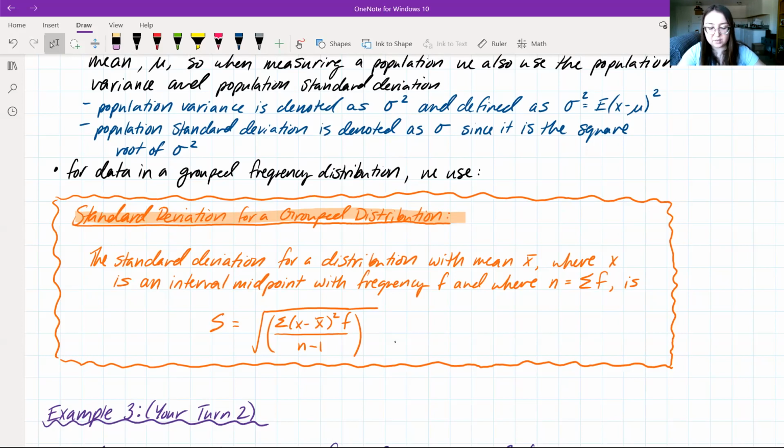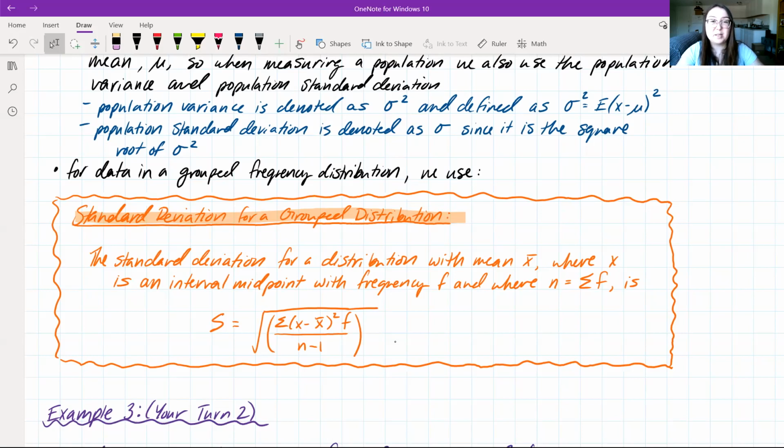So we see the standard deviation for a distribution with mean x bar, where x is an interval midpoint with frequency f, and where n is equal to the sum of f, the sum of frequencies, is s equal to the square root of the sum of (x minus x bar) squared times f, so times the frequency, divided by n minus 1.